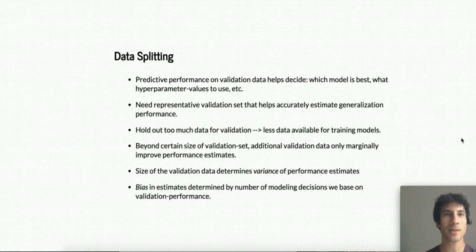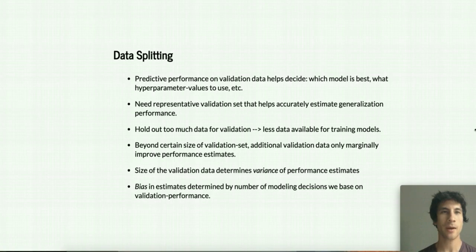The predictive performance on the validation data will crucially guide a lot of automated decisions about which model or combinations of models is best, how many training iterations to use for iteratively optimized models like neural networks, what hyperparameter values are best for certain models, etc. It's thus really critical to use a representative validation set that facilitates accurate estimation of generalization performance. However, we don't want to hold out too much training data for validation, since then less data is available for actually fitting our model's parameters.